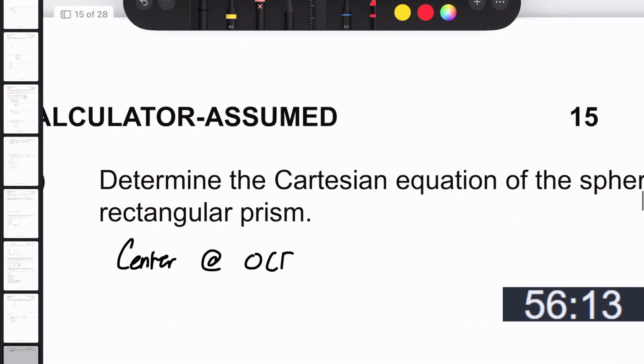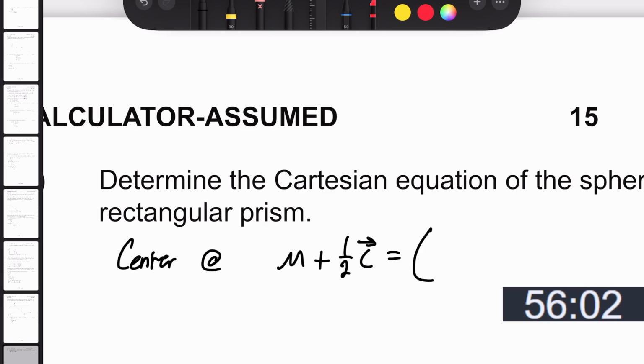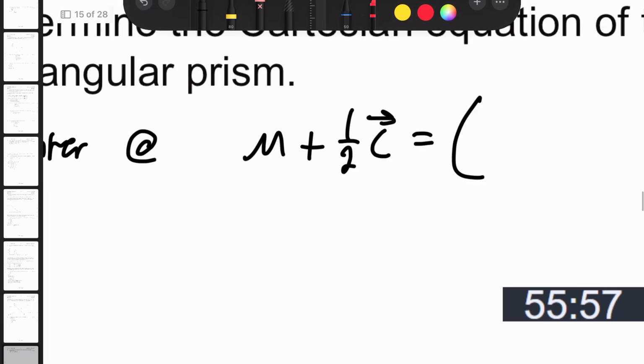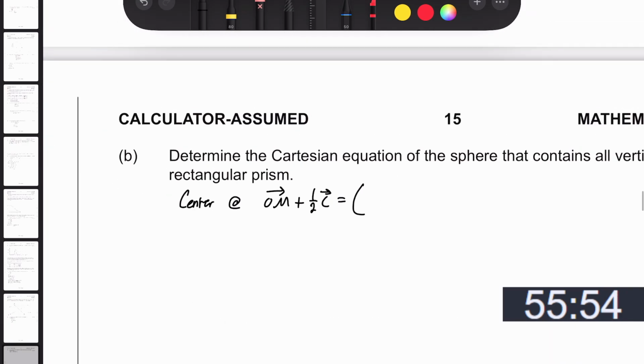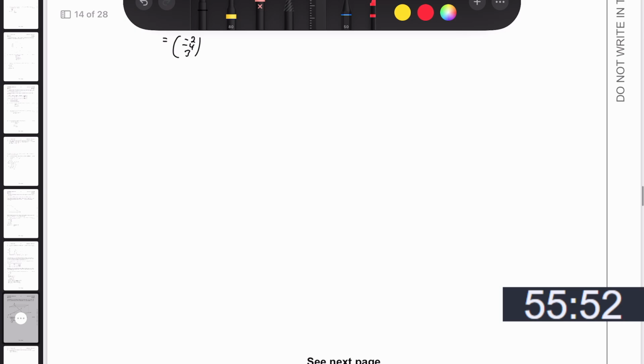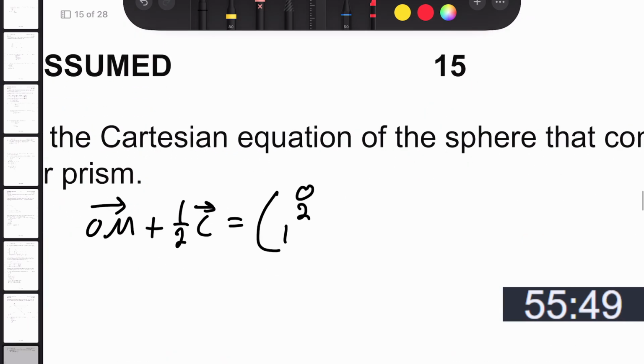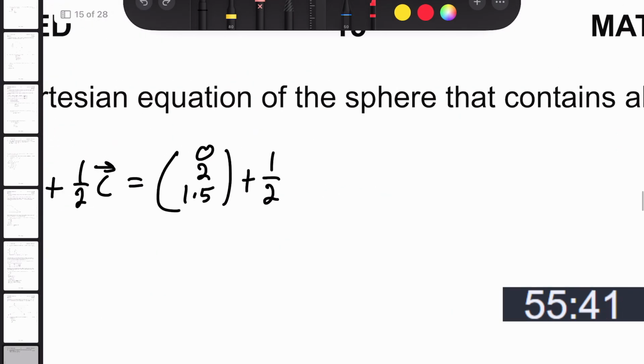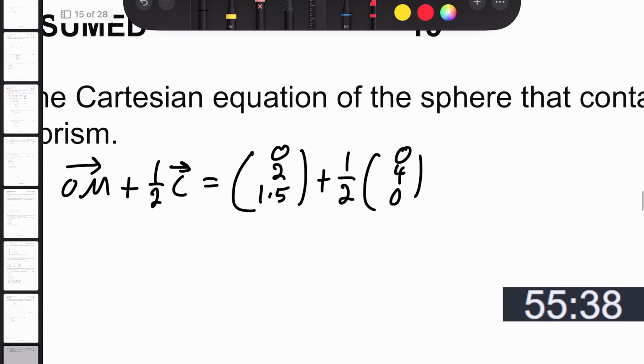OCFT plus half of C. Actually, no, this is M. OM plus half of C, which is 0, 0, 1.5 plus half of C, now C was 0, 4, 0. So this is 0, 2, 1.5.